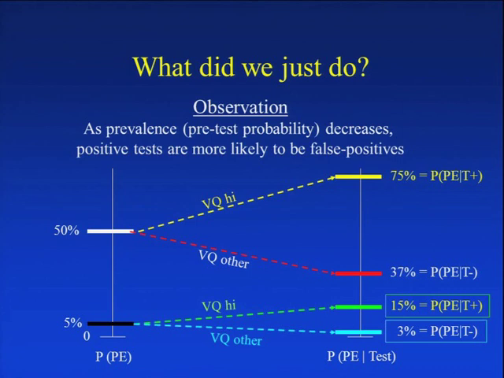So the key fundamental observation is as prevalence and pretest probability decreases, positive tests are more likely to be false positives. Risk drives our interpretation of test results. It's a fundamental concept that you will see everywhere, whether you're dealing with a genetic test, whether you're dealing with a sophisticated, high-expense, high-risk test, or whether you're just asking another question to a patient.